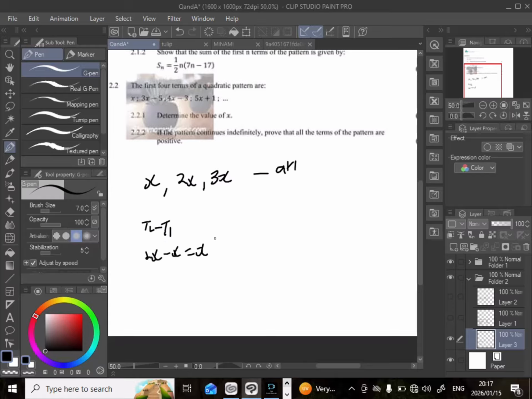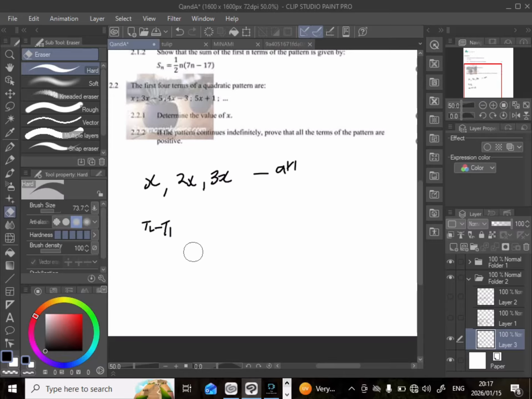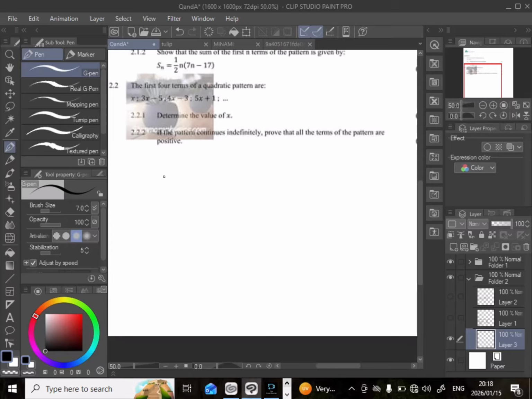But because this is a quadratic pattern, we know that we have two constant differences, so we have to consider that first. So now let's just try it. We have to make the first difference and the second difference. After that, that's when we will find the value of x.